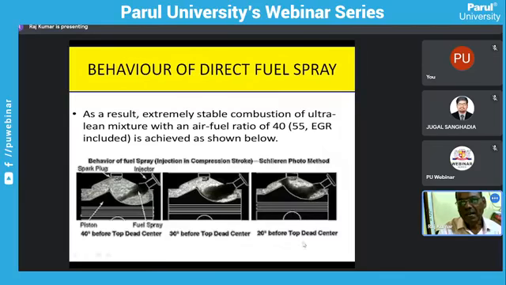At 30 degrees before and 20 degrees before TDC, the complete mixing will take place. So, if we are able to control the time of the fuel spray, we will be able to control our combustion process. So this is the most important thing.